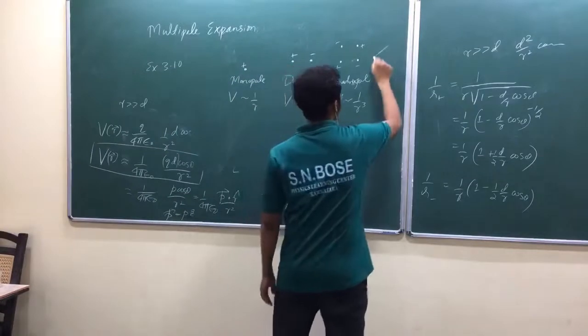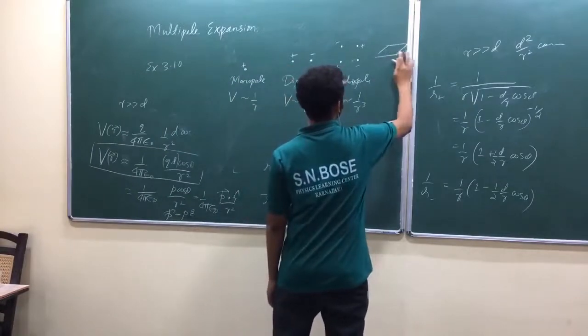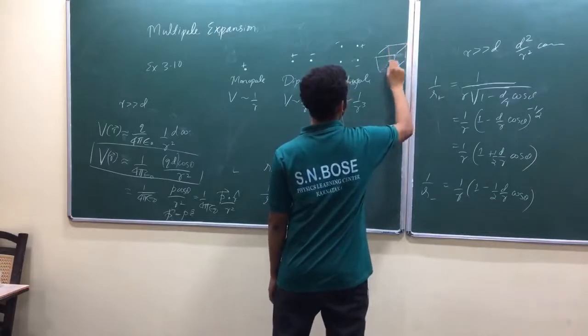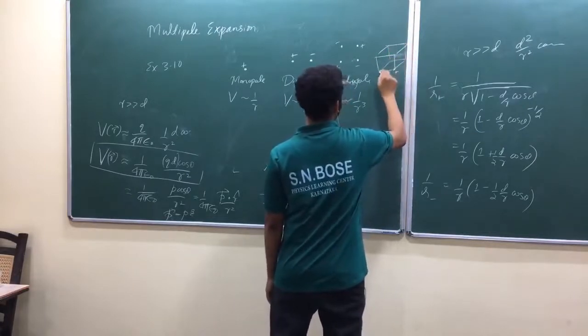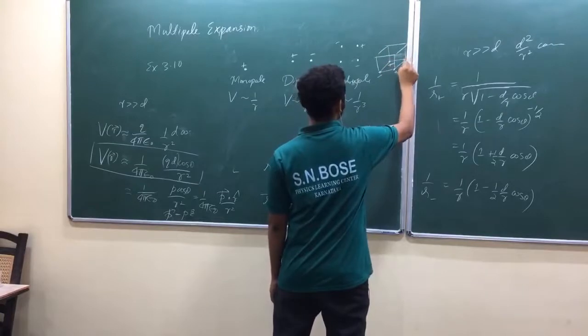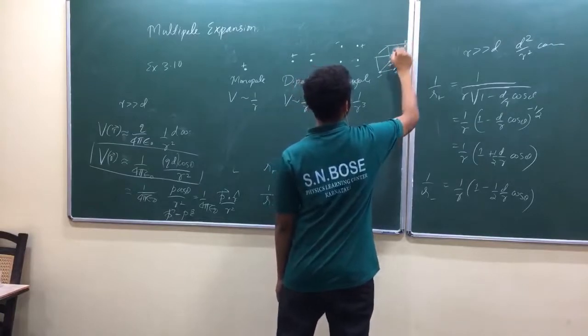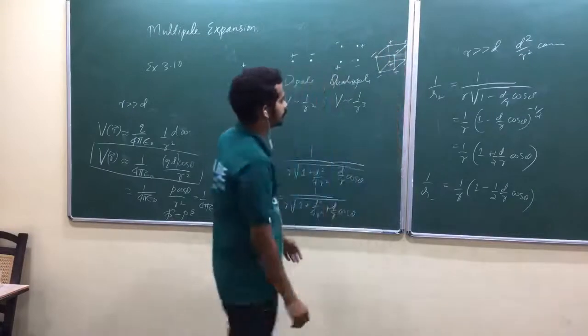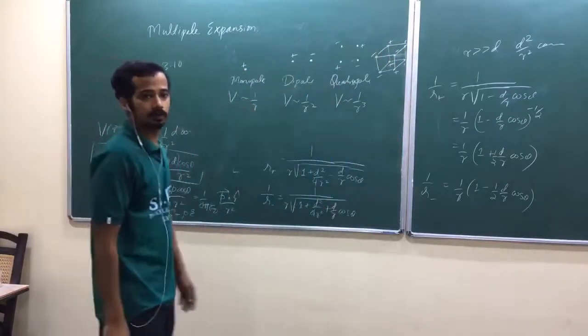Then take octopole. What do you mean by octopole? Plus, minus, plus, minus, plus, minus, plus, minus. Octopole.